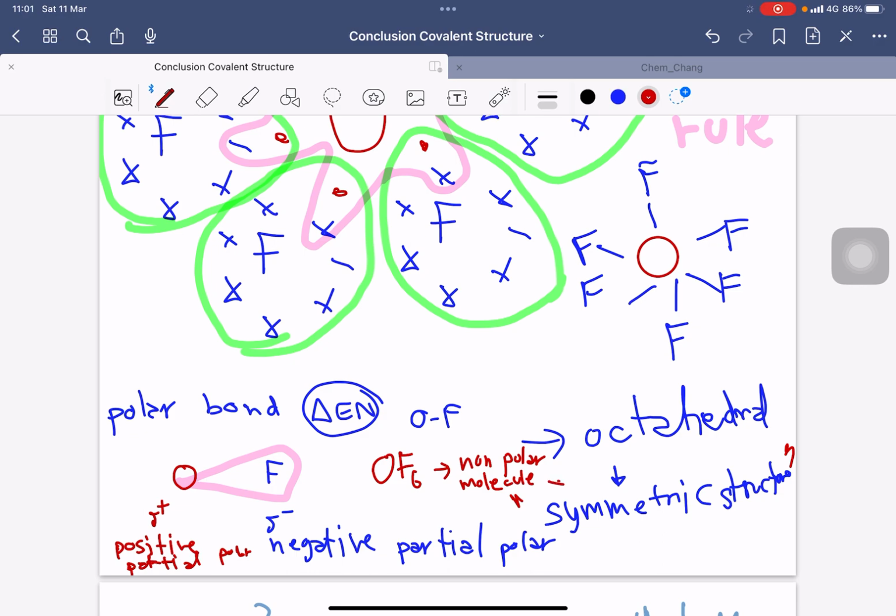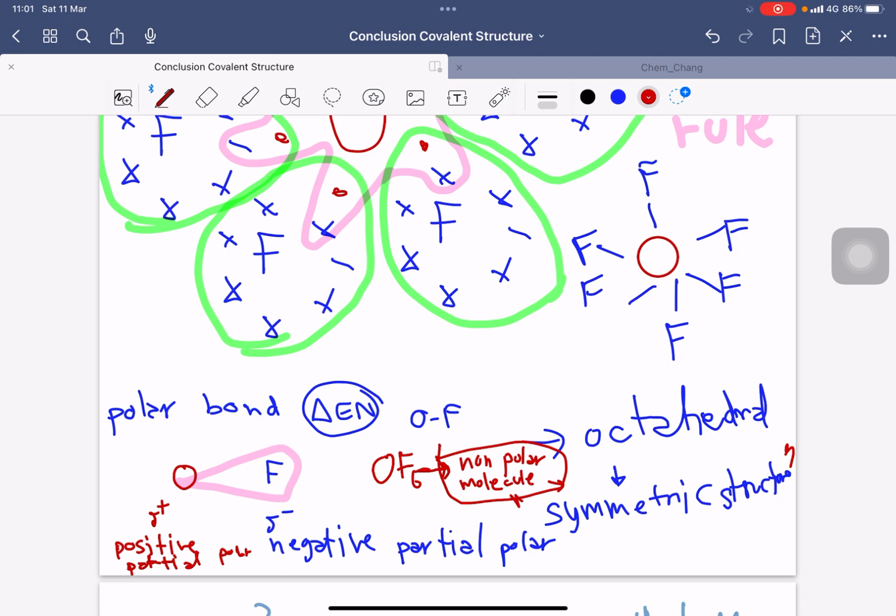It will be insoluble in water after we know this is a non-polar molecule, because water is a polar molecule. Because they are non-polar molecules, they cannot conduct electricity.